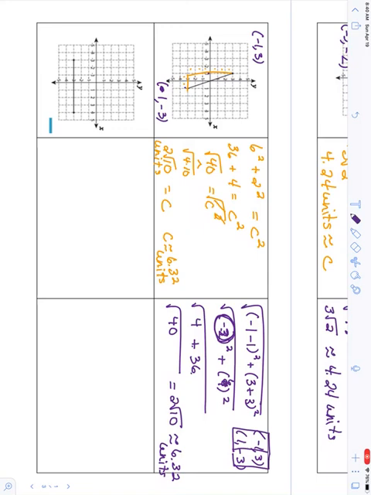All right, so one last one, and I threw this one in there because it's just a horizontal line. You can do Pythagorean theorem and you can do distance formula, or this one gives you the exact units. Okay, don't get caught up that you have to do Pythagorean theorem and you have to do distance formula to find the length. If it's a horizontal or vertical, you just count.